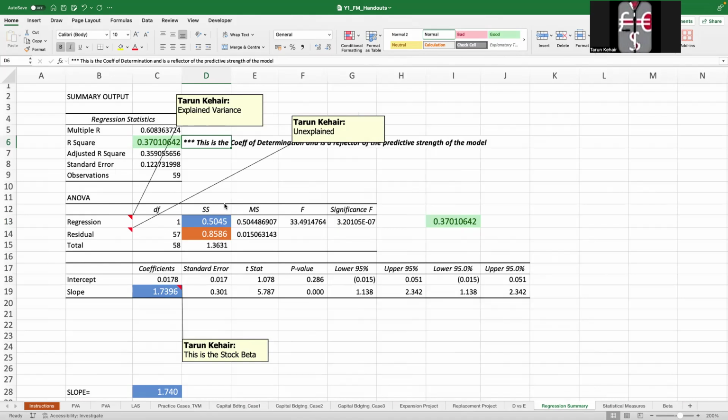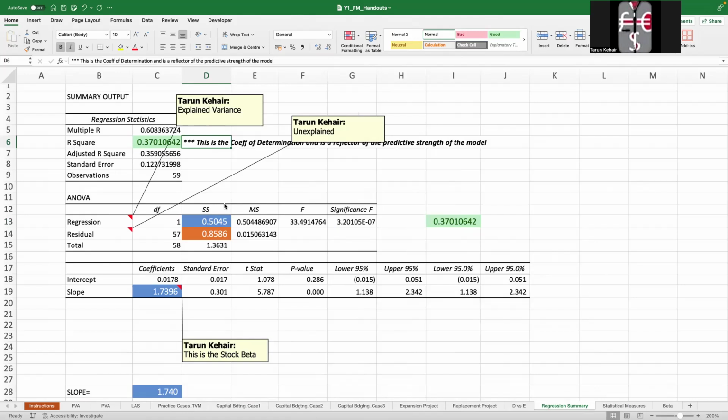Now come back to that diagram which I was drawing on the board. Remember total risk. Total risk is measured by standard deviation. It has two parts, systematic risk and unsystematic risk. Systematic risk is something that you cannot control or avoid. It is measured by beta, which we have seen.